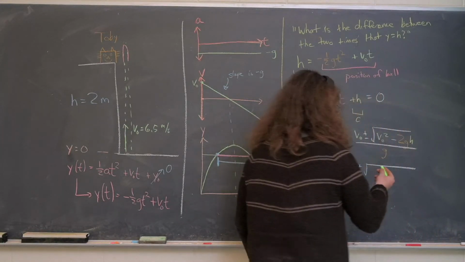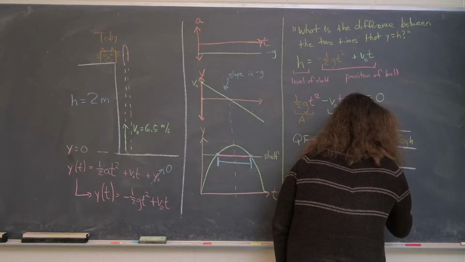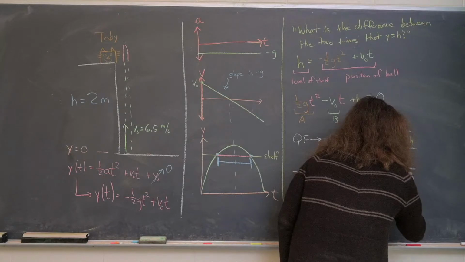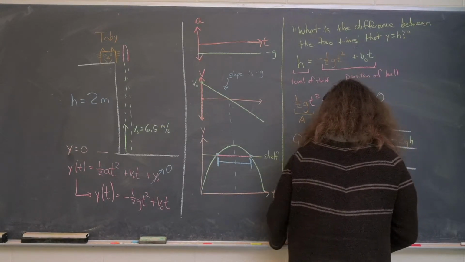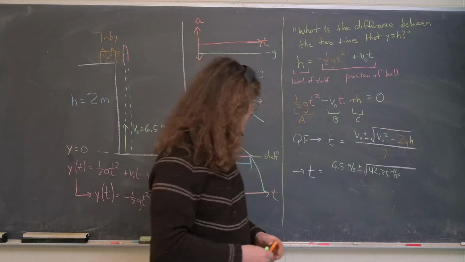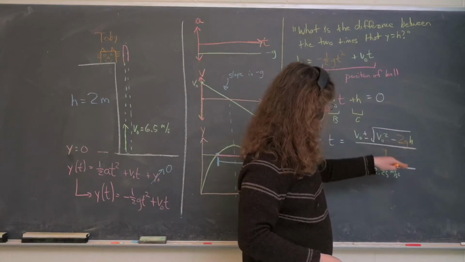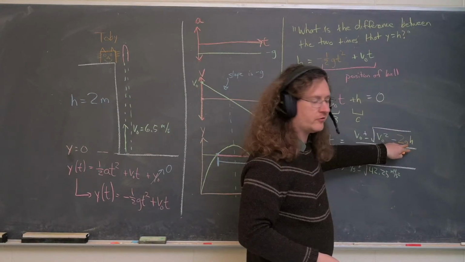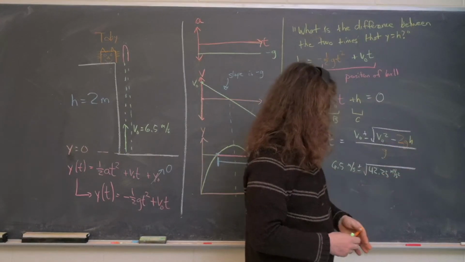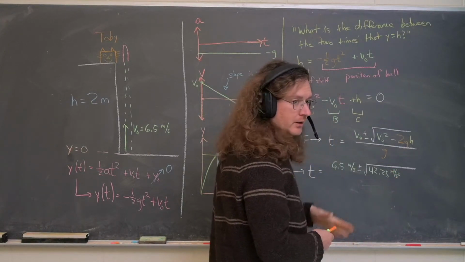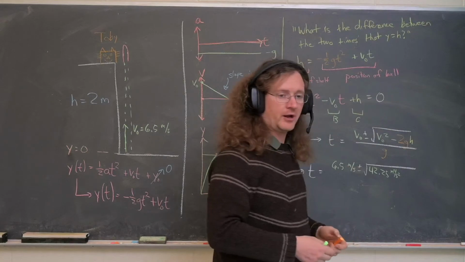So this gives me 42.25 meters squared per second squared minus 2gh. I'm going to use g as 10. So this is 2 times 10 meters per second squared times 2 meters. Notice I get again units of meters squared per second squared, the square root of which is meters per second.